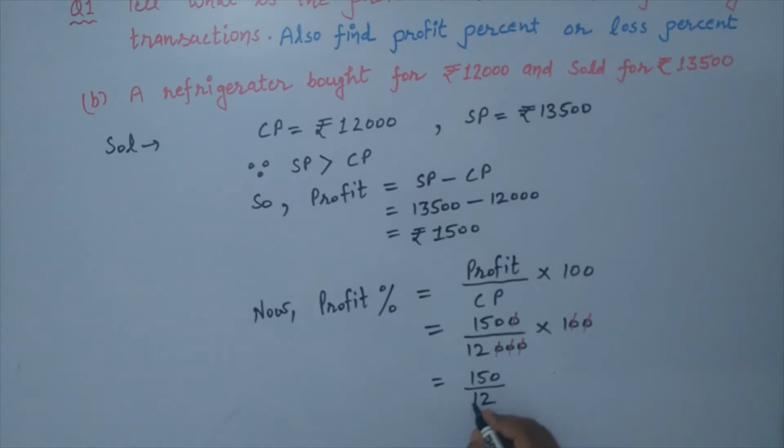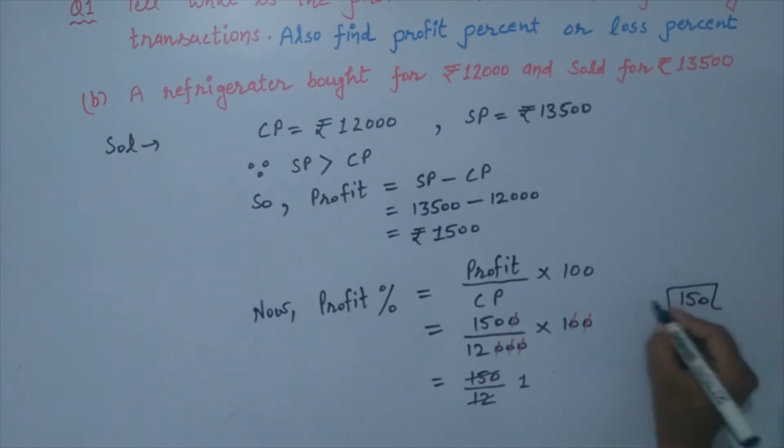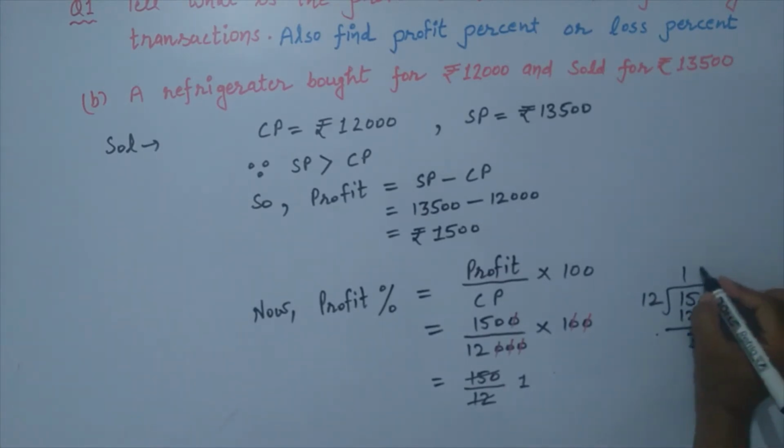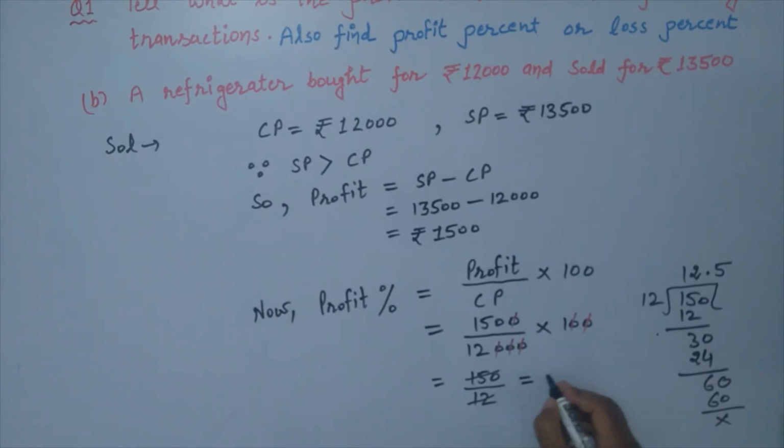Now again dividing, 12 ones are 12, 30, 12 into 2, 24, 6, decimal, 0, 60, this becomes 60, 12 into 5, 60. So what is our answer? 12.5% is the profit percent.